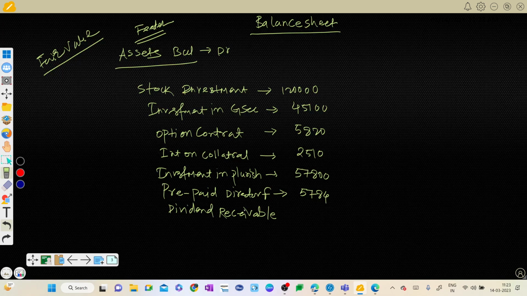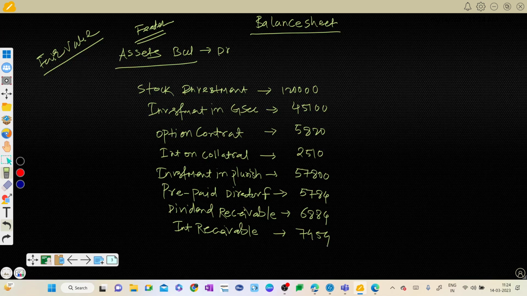Dividends receivable, 6884. Then interest receivable. How much? 7454.